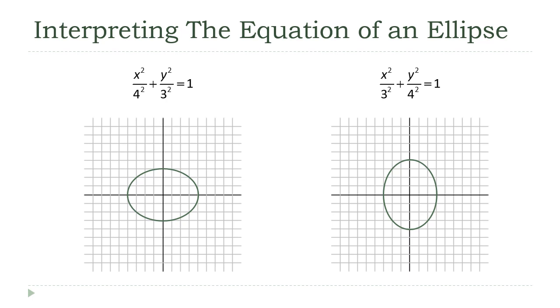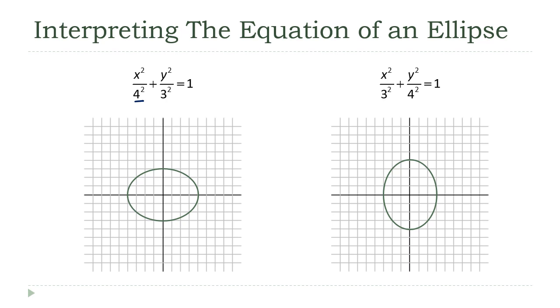Now, before I do that, I want to be really clear about what the difference is between a and b. If we're looking at these two equations, and I've got their graphs here, the first thing I want you to focus on is that the length of the axis in the x direction versus the y direction is based on the number under that variable. Looking at this first equation, the value under that x squared is 4 squared.